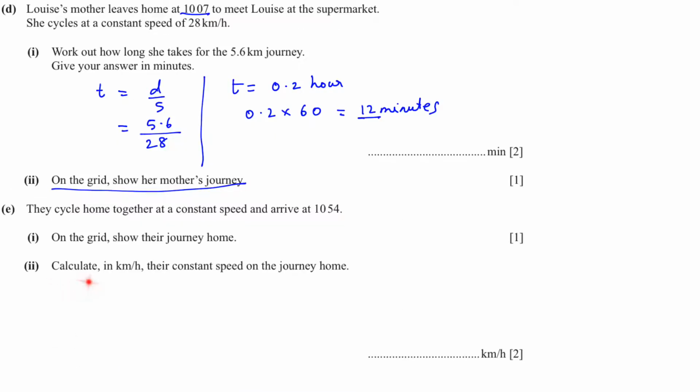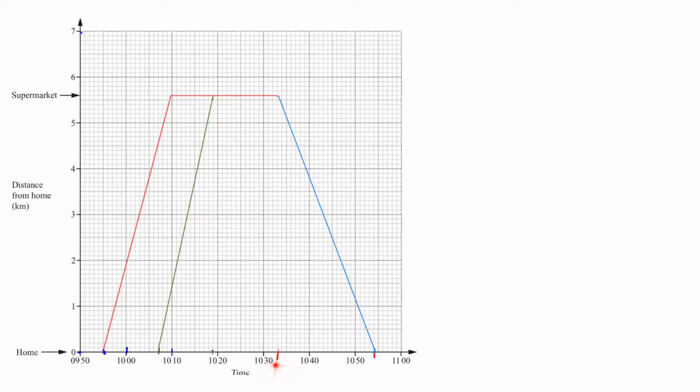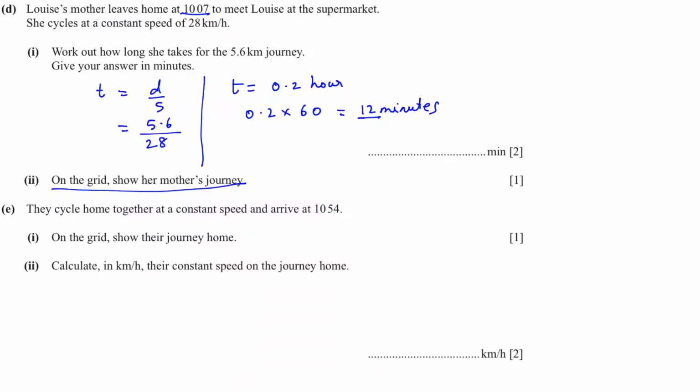A2. Calculate in kilometers per hour their constant speed on the journey home. They left the supermarket at 10:33 and they reached home at 10:54. So the time is 10:54 minus 10:33, 21 minutes. Speed is equal to distance over time taken.